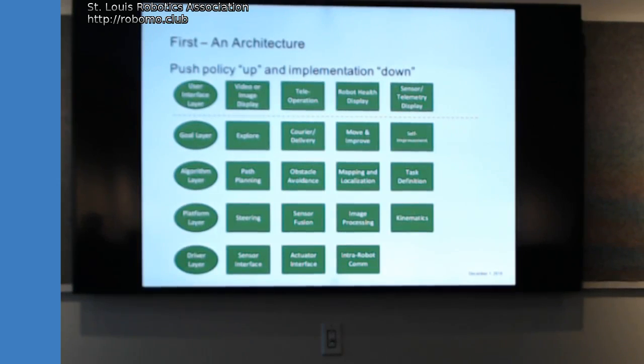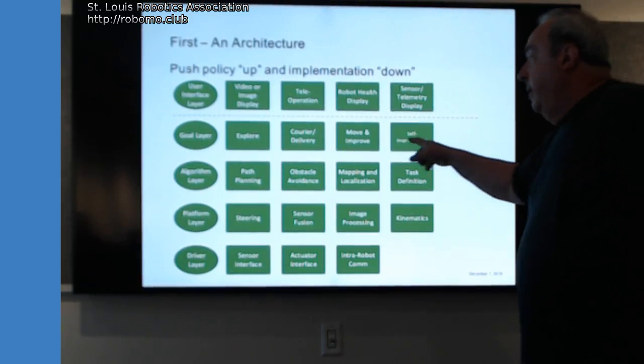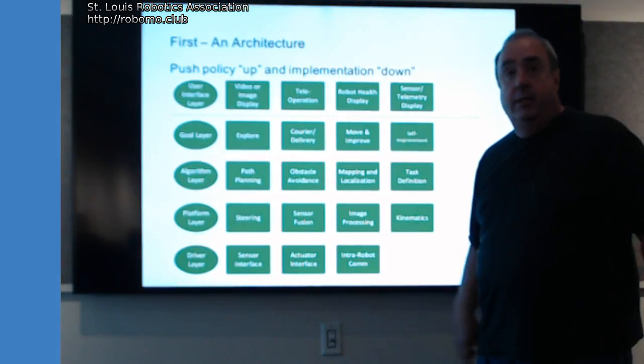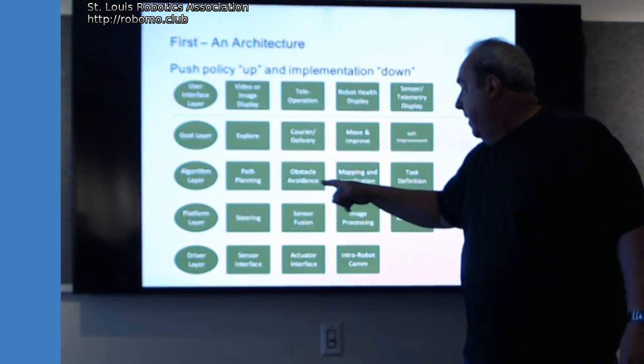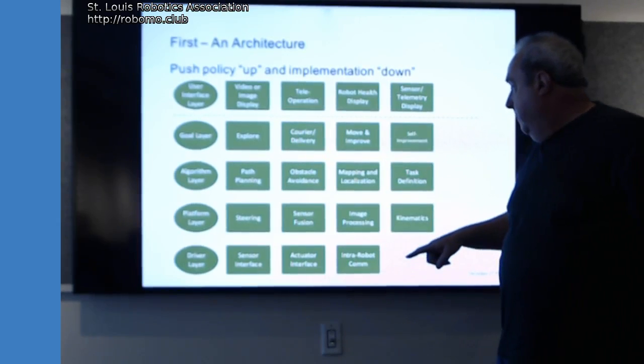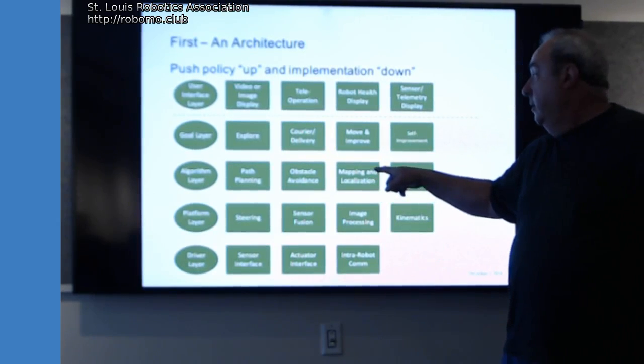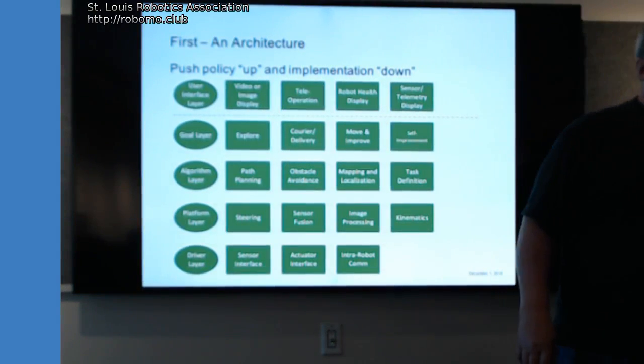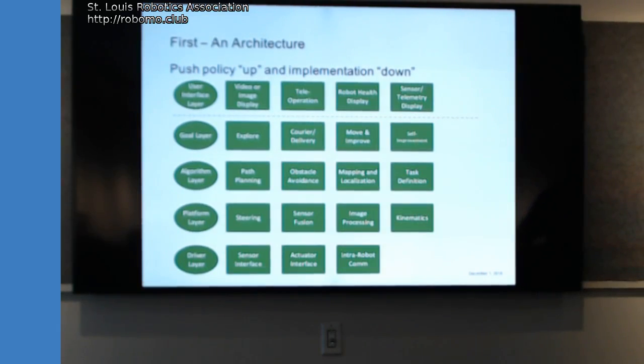And the goals up here, like we said, can change. I can be in explore mode until I find something through mapping and localization, and then I move over to self-improvement or to move and improve. I find the blocks, now I pick them up, start to do something.